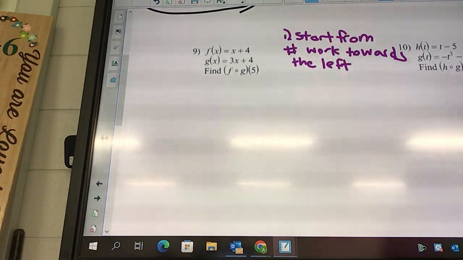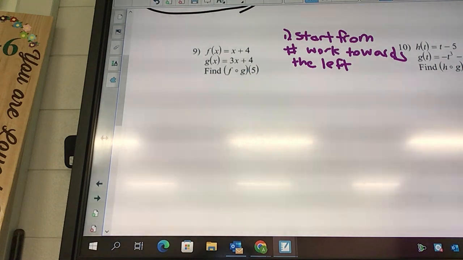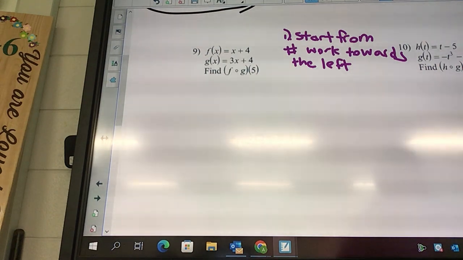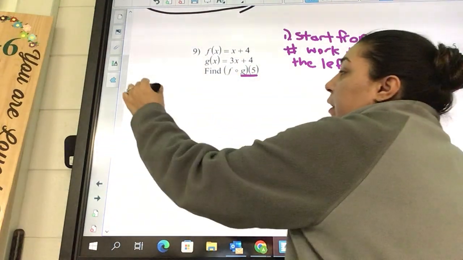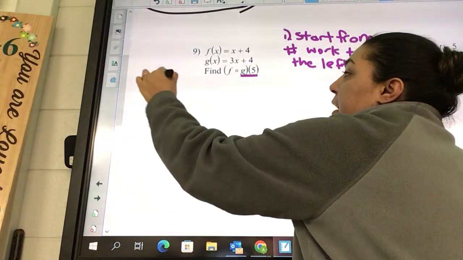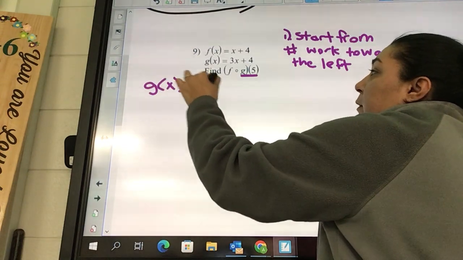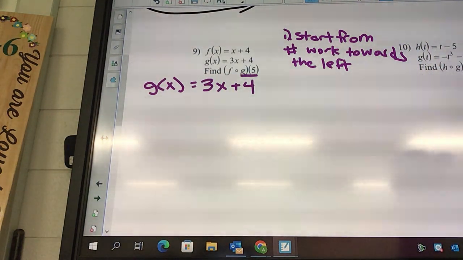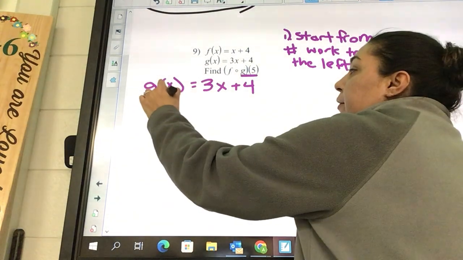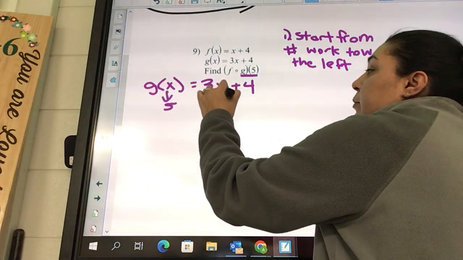So what is our number we're dealing with? 5. And we're going to work towards the left. So our first one is going to be g of 5. So we take our g of x, and everywhere there's an x, what are we plugging in? A 5. So right here should be a 5, and right here should be a 5.